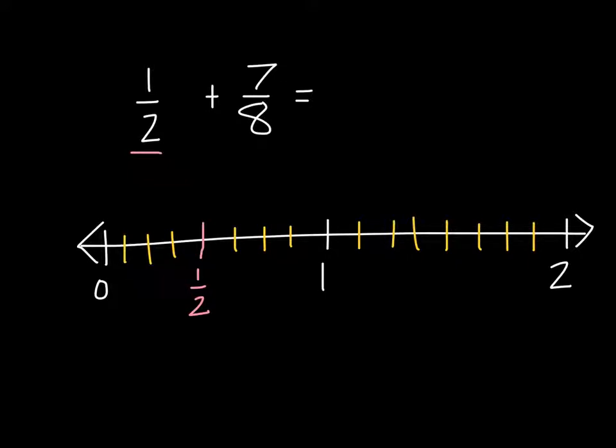So when I am adding these up, I'm going to start here at 1/2, and then I'm going to count up 7/8. 1, 2, 3, 4, 5, 6, 7/8, and I end right there, which I can see is 1 whole and 3/8. So that's just another strategy of how you can solve problems like this.